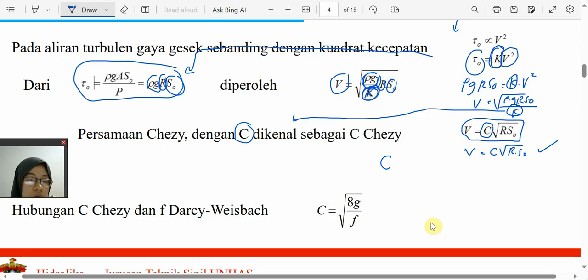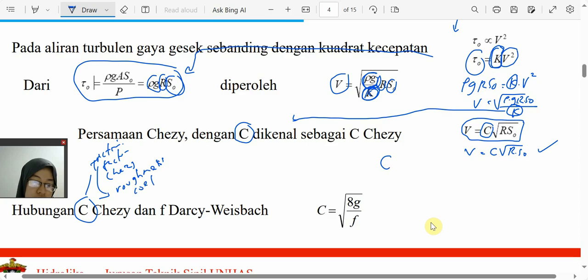If we want to know the connection between the Chezy C and the f of Darcy-Weisbach, C is the friction factor of Chezy, or we can also say roughness coefficient of Chezy, and f is the friction factor of the Darcy-Weisbach in the pipe.